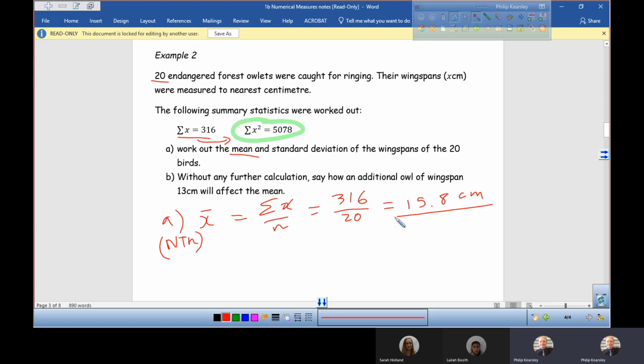Do you agree? 15.8. Yeah, so if you were to get a ruler and measure an owl, measure it wingtip to wingtip, notice it's an owlet. Owlet is like offspring of an owl. So if you're thinking, crikey, owls have bigger wingspan than that, it's because it's a kiddie owl, alright? So around about there. Oh, look at the little baby wingspan. Oh, it's so cute.